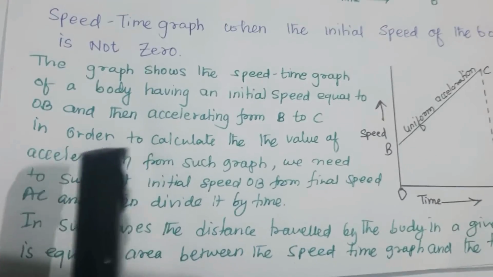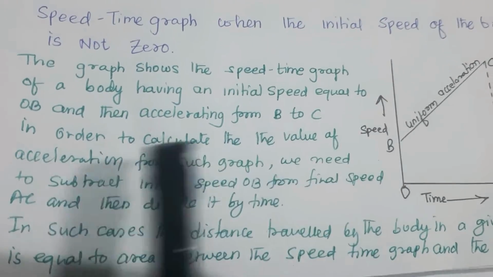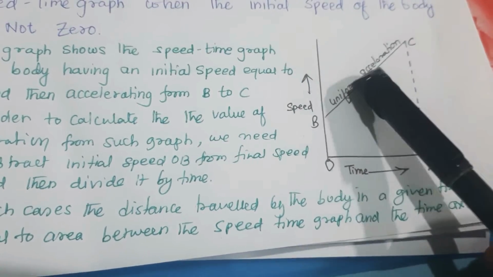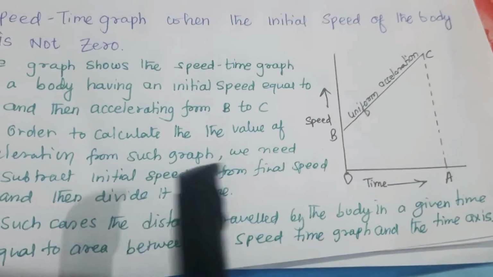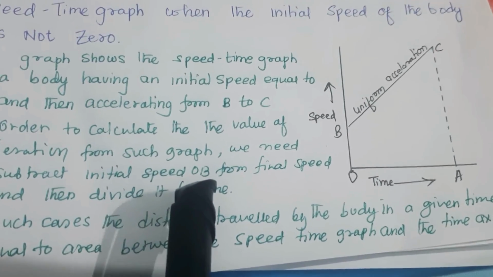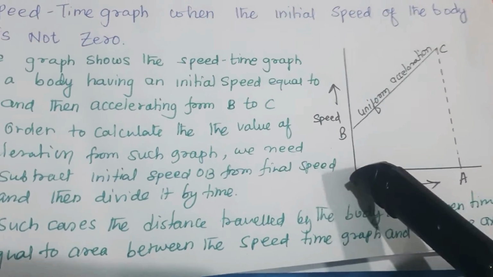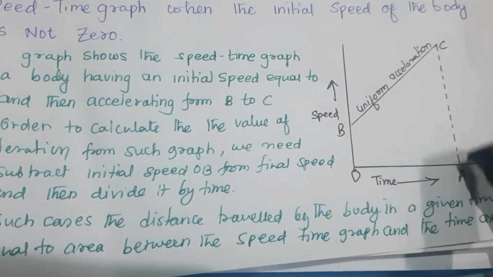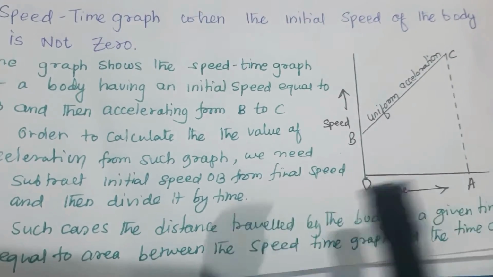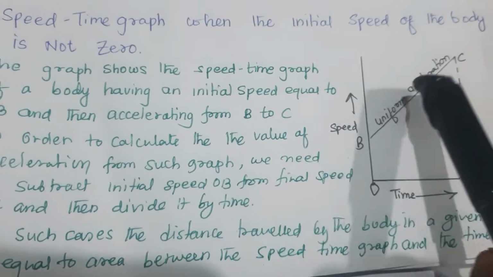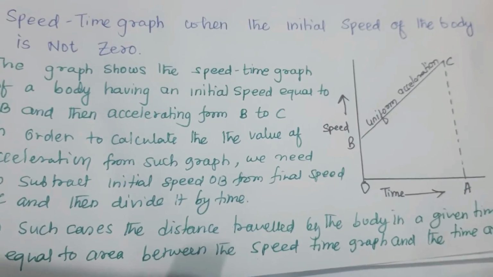Then, in order to calculate the value of acceleration, look at this graph. To find this acceleration, for such a graph, we need to subtract the initial speed. OB is the initial speed and AC is our final speed. So we take the final speed AC, subtract the initial speed, and divide by time.